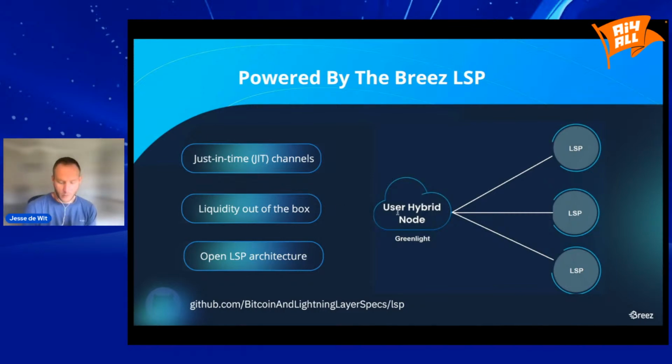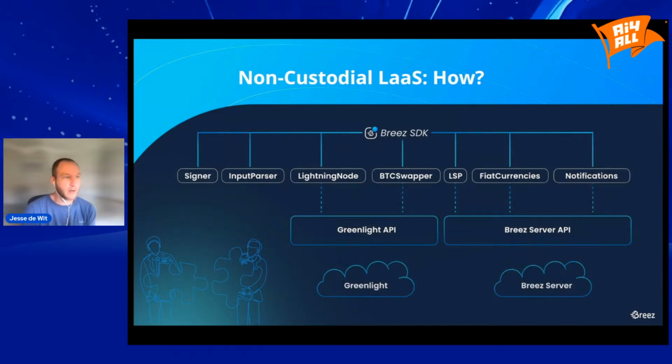So let's go into a more technical picture of the SDK. I think we've already covered most parts. I just want to say that LNURL, for example, is included too from a sender perspective. You can send to a Lightning address. One big feature that we're working on is notifications.